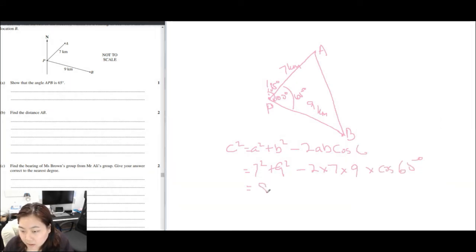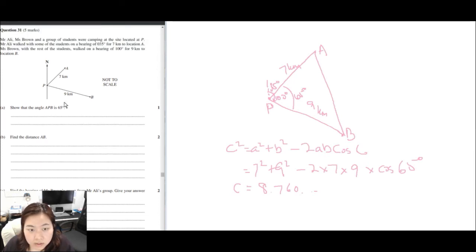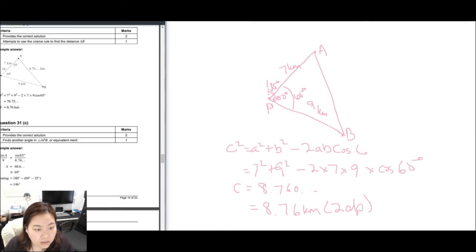Better. 8.760... Find the distance of AB. It doesn't say to round it, so I'm going to round it to 2 decimal places. 8.76 kilometers, 2 decimal places. Let's see. So 8.76. Cool.